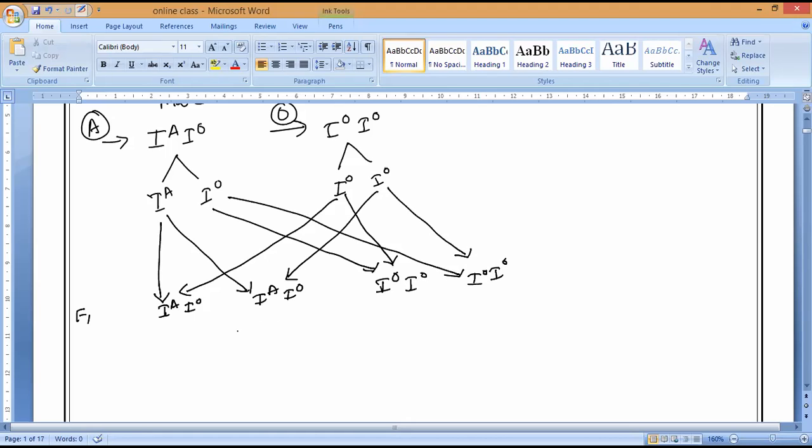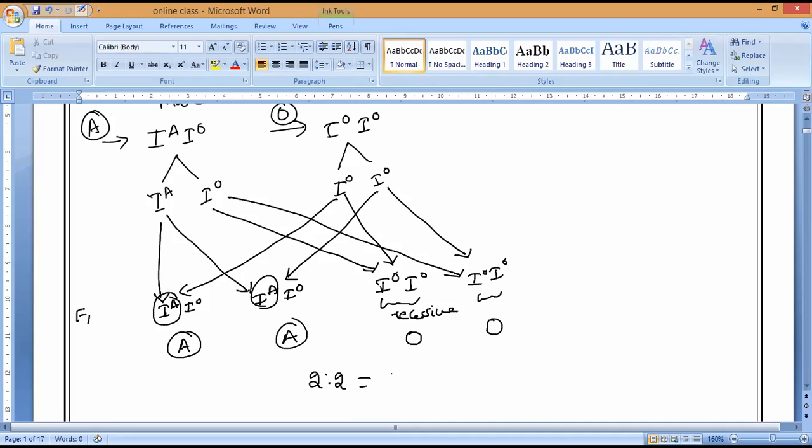So here there is a possibility of getting blood group A, because I power A is dominant, and here also I power A is dominant. But here both are recessive genes, so we get O blood group. Here also a recessive trait, so we get O. The possibility is 2:2, which equals 1:1. Understand, Nitinath? That is what you have to remember.